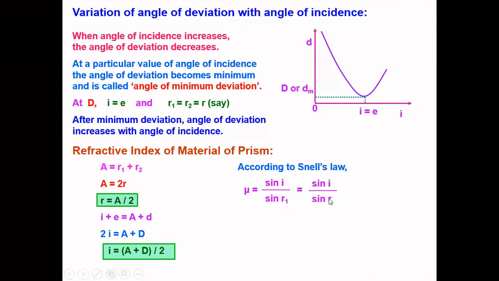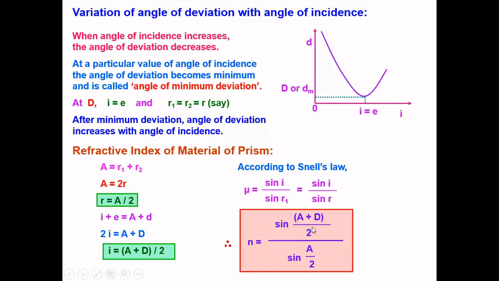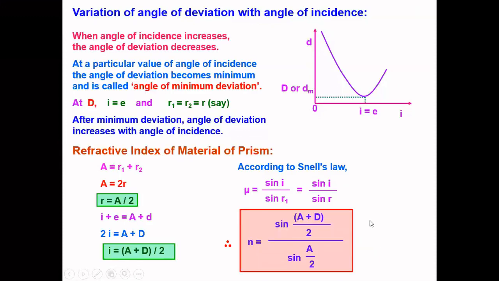So for this we write n is equal to sin of (A plus D by 2) divided by sin of (A by 2). These values I have substituted. In place of I we got A plus D by 2. In place of R we got A by 2. So we just substituted, and we got an expression for the refractive index.